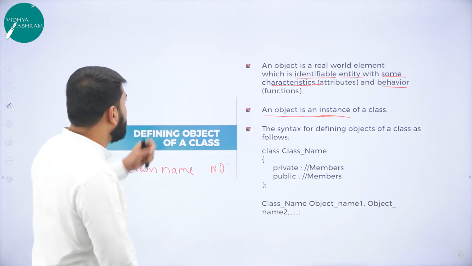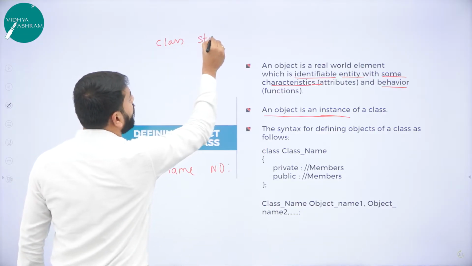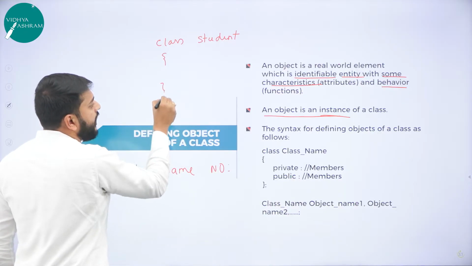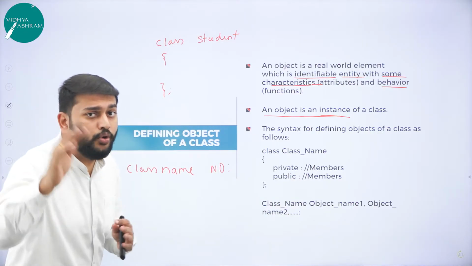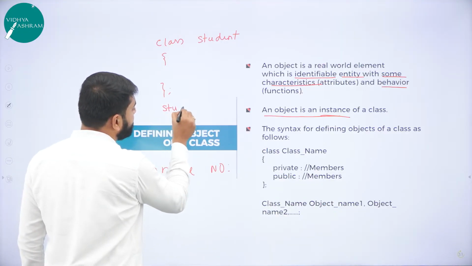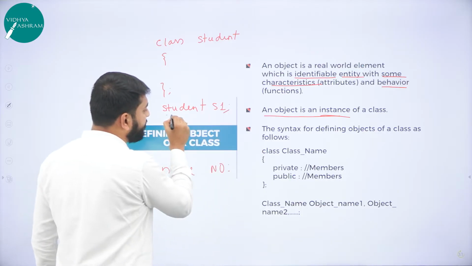So for example, let's consider I have a class called student. So what is the name of the class that I have? I have student, and for this I need to create the object. How do I create the object? My dear students, I will just write student S1. What is the meaning of student here?